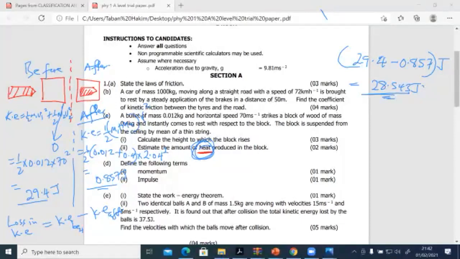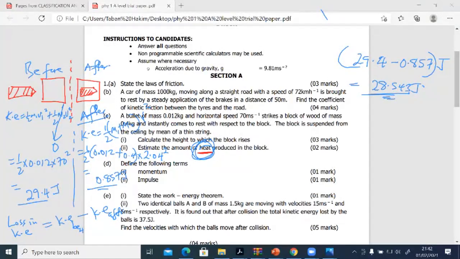Okay. Then last but not least, define the following terms: (i) momentum, (ii) impulse. So Martina, what did you write here? Momentum is the product.